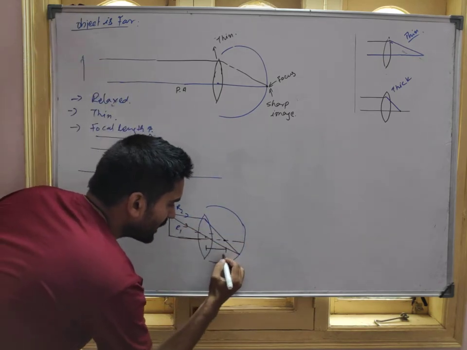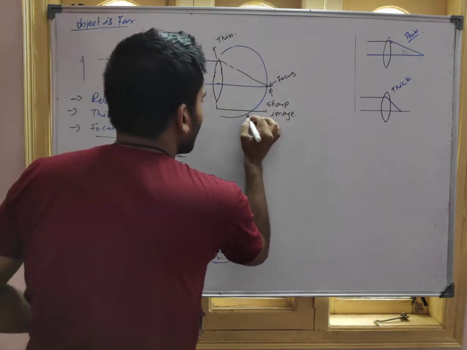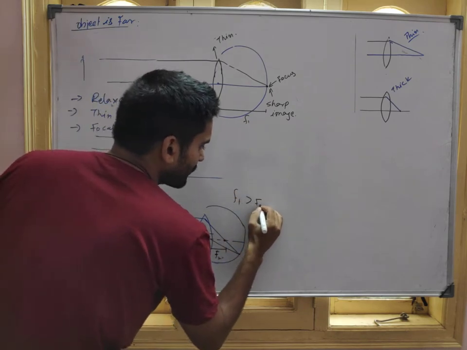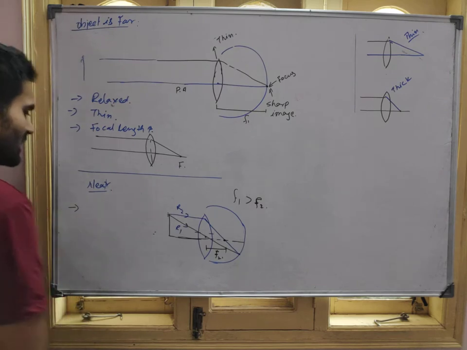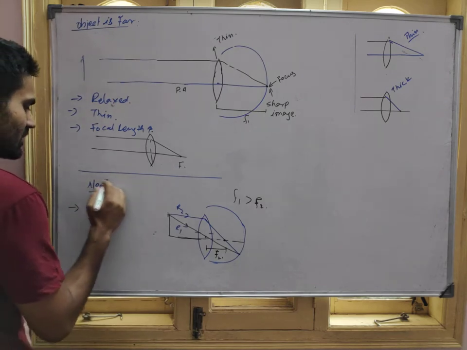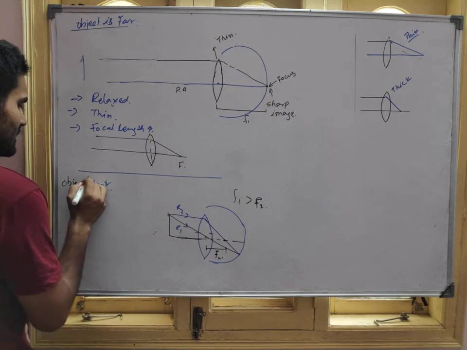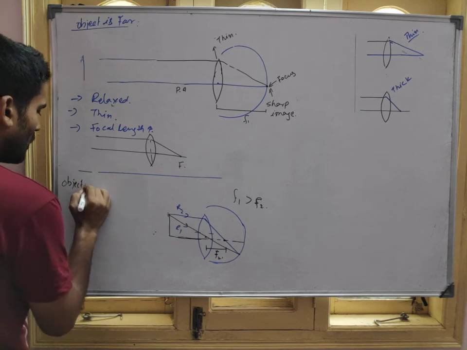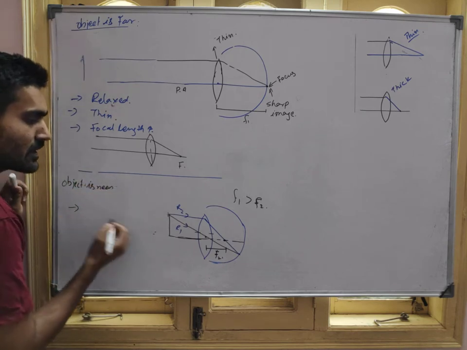If I call this one f2 and this one f1, can I say clearly f1 is greater than f2? Yes. So it means when the object is near, the lens will become thick.